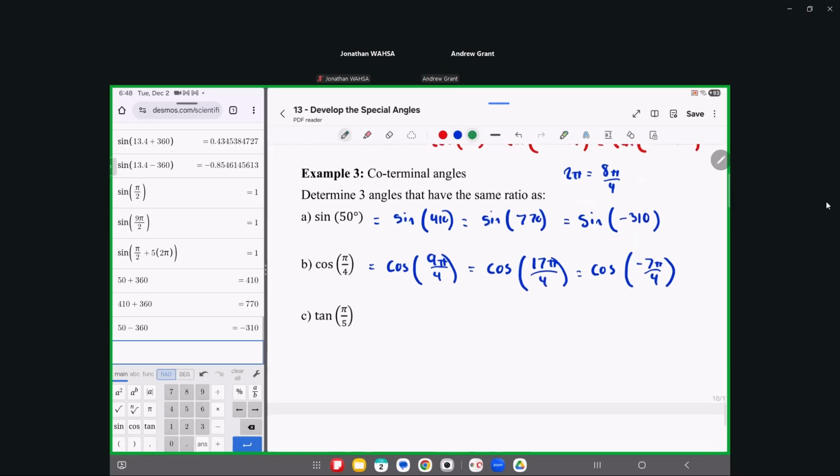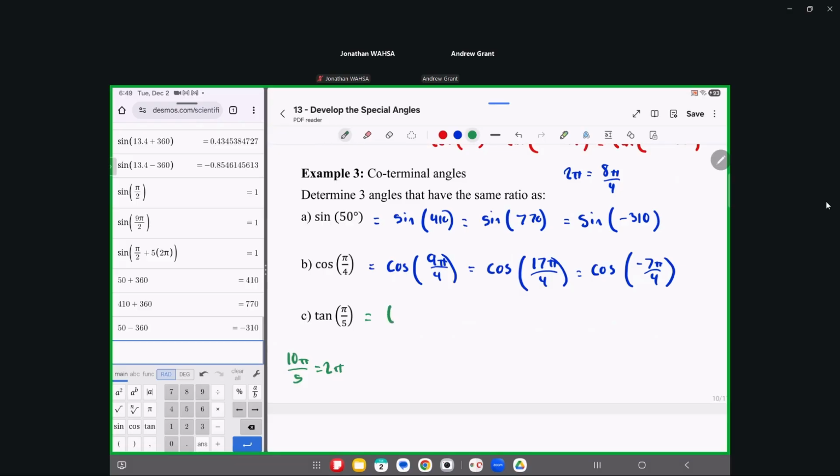A similar exercise can be done with tan of pi over 5. Recall that 10 pi over 5 is the same thing as 2 pi.